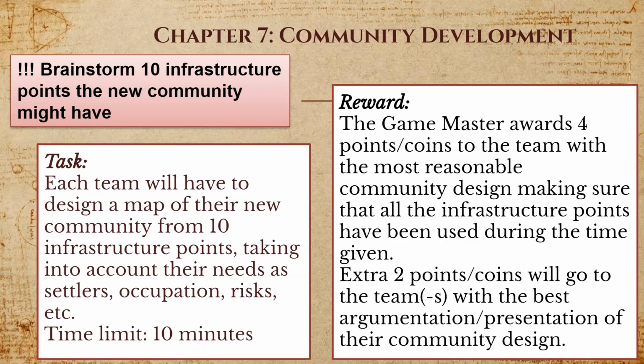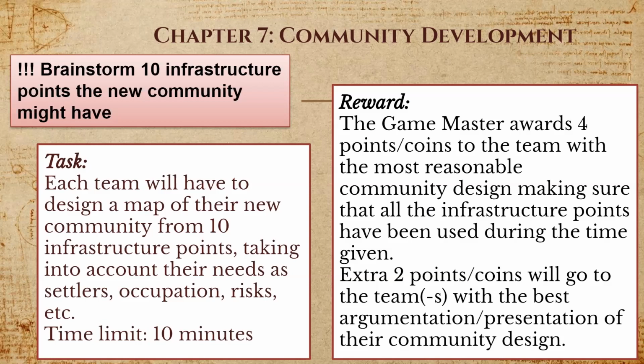Let's say the prison, if there is a prison, couldn't be next to the ocean, because the prisoner might jump into the ocean and escape out of the prison. The police office couldn't be, let's say, near the church, or it could be. So they have to decide how their infrastructure works in order to be much more functional for them. So they're designing their own community.